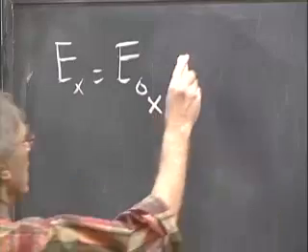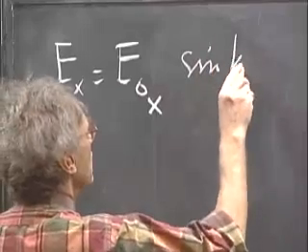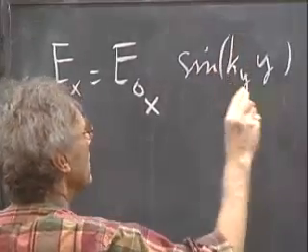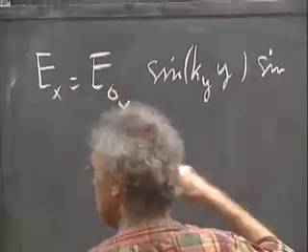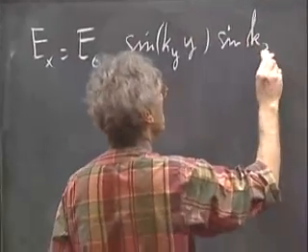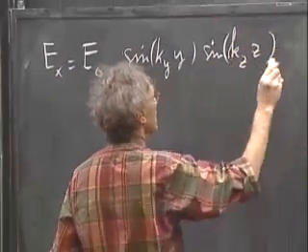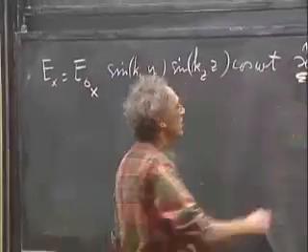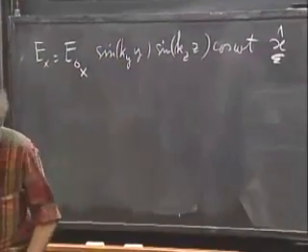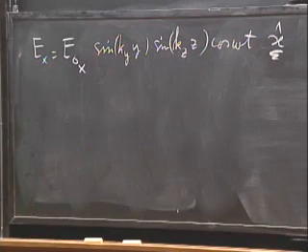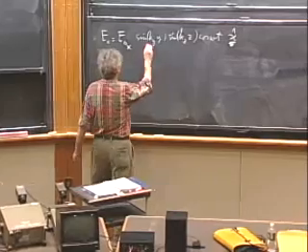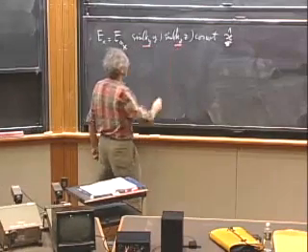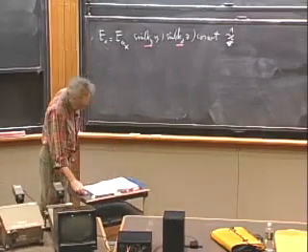This must have a sine of ky times y times the sine of kz times z times cosine omega t. And to remind you that it is in this direction, I put the x there. So what you have now are 2 standing waves.